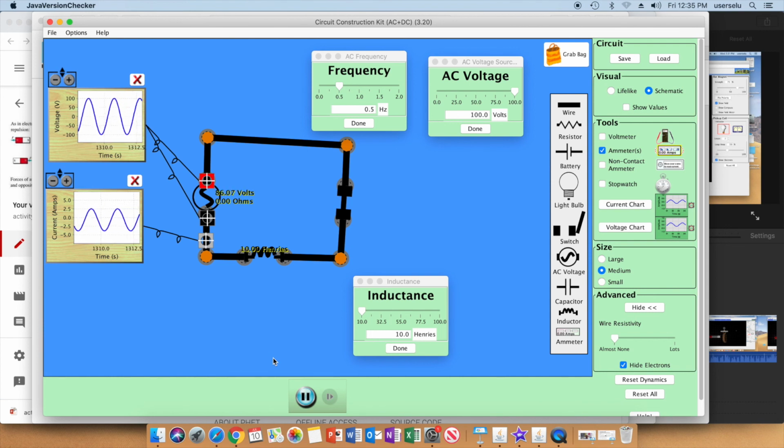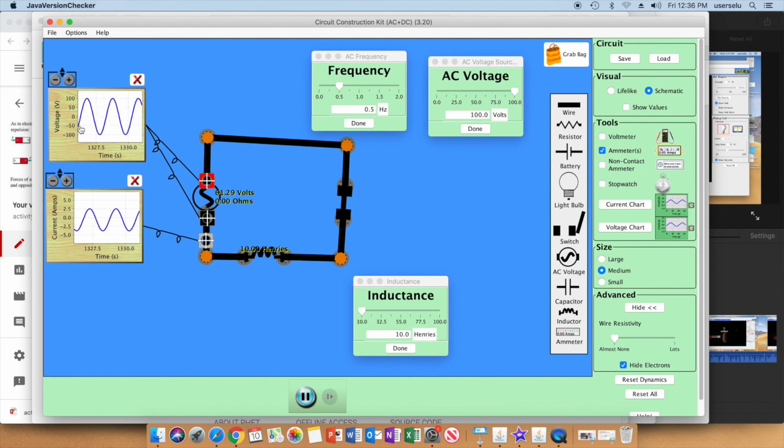When the voltage hits a peak, the current hits a peak. When the voltage hits 0, the current hits 0. Here, there's a phase difference, as we saw for the capacitor, in the particular characteristics of behavior of this circuit as well. Let's start with the voltage up here at the top.